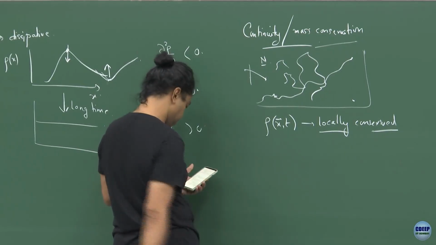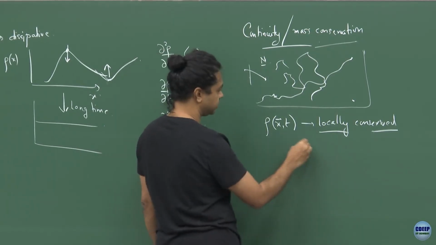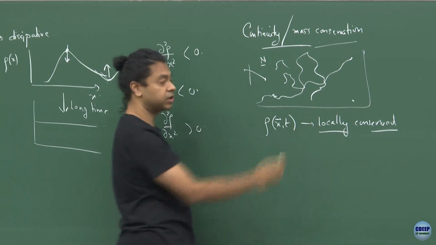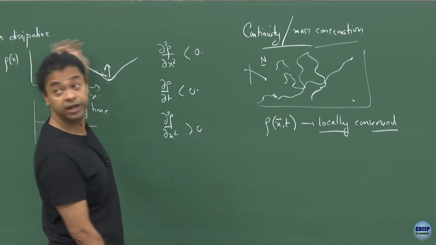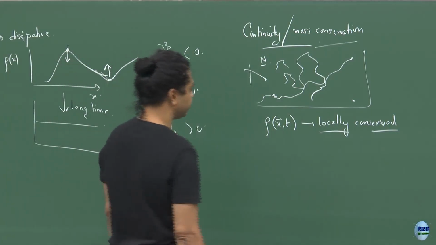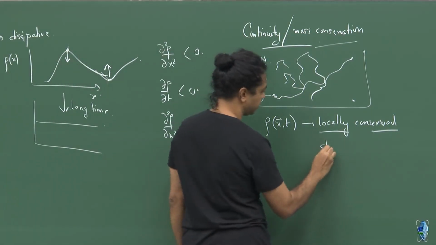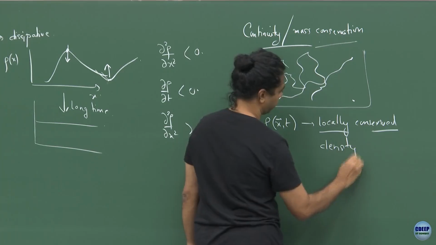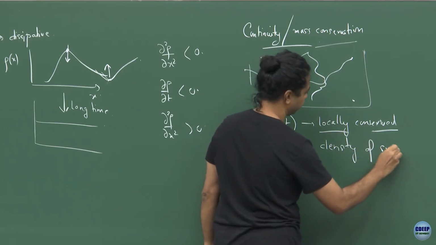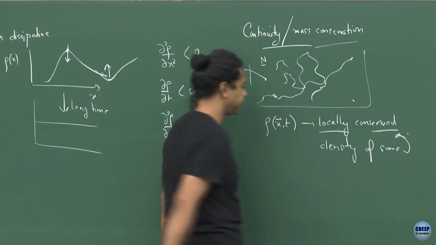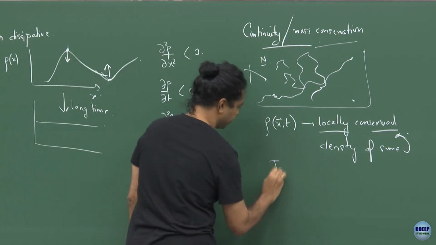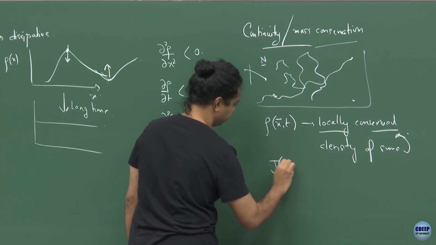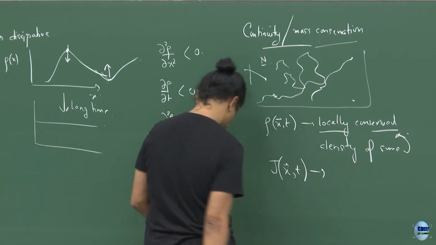So I have this rho of x, t, which is the density of some conserved quantity. It can be the density of particles, it can be some probability density, whatever. It is the density of some conserved quantity. And you can also define a current J of x, t.